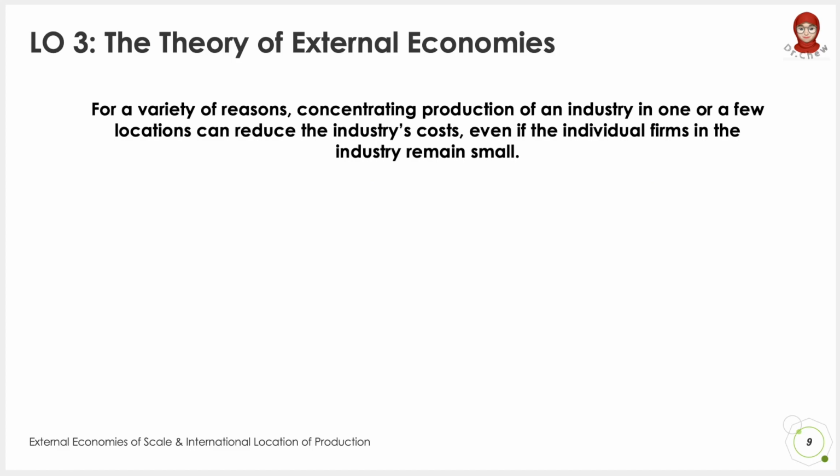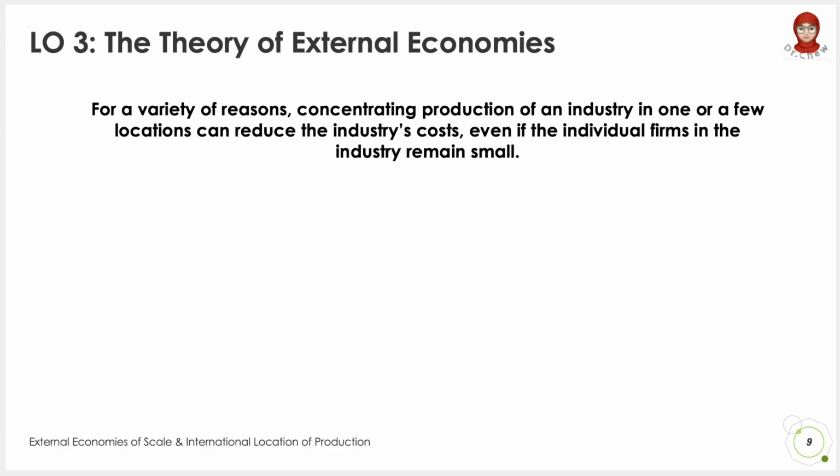As we have already pointed out, not all scale economies apply at the level of the individual firm. For a variety of reasons, it is often the case that concentrating production of an industry in one or a few locations reduces the industry cost even if the individual firms in the industry remain small. When economies of scale apply at the level of the industry rather than at the level of the individual firm, they are called external economies.